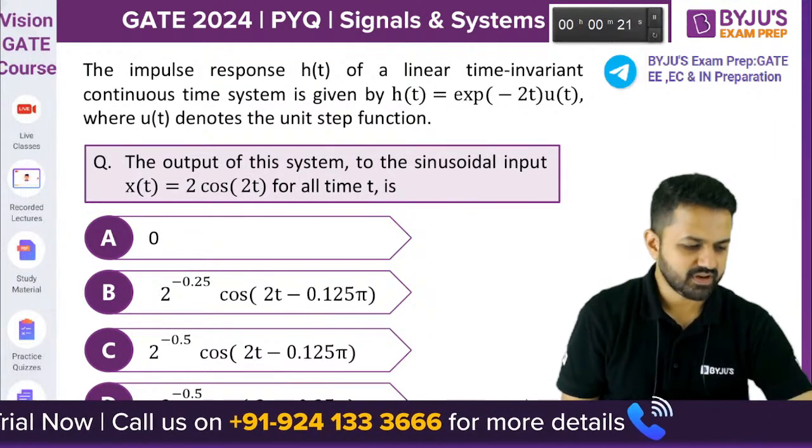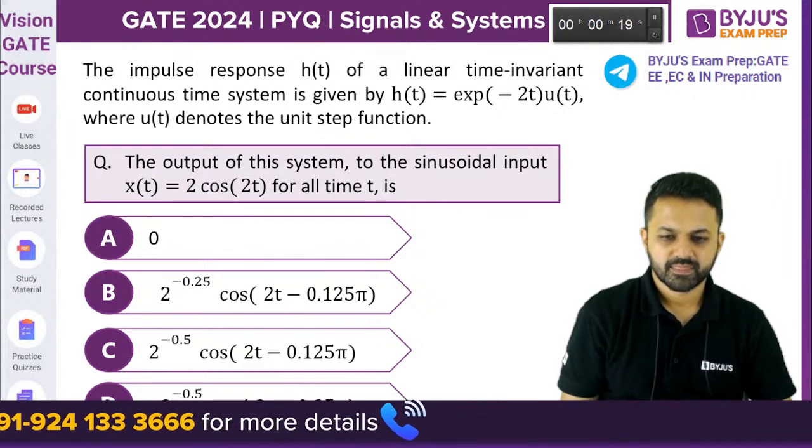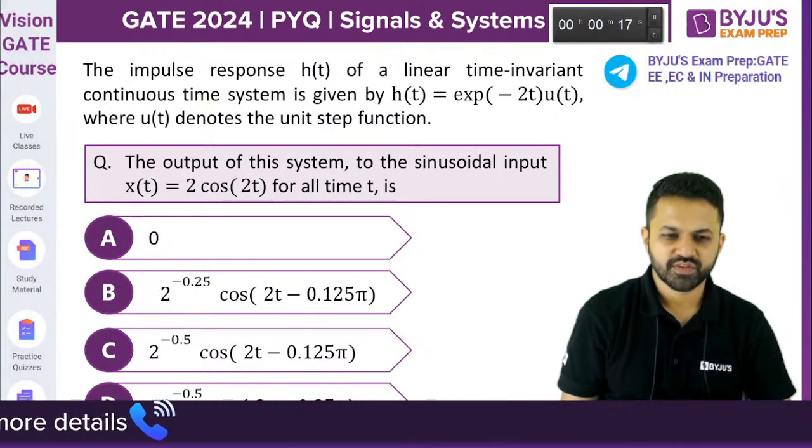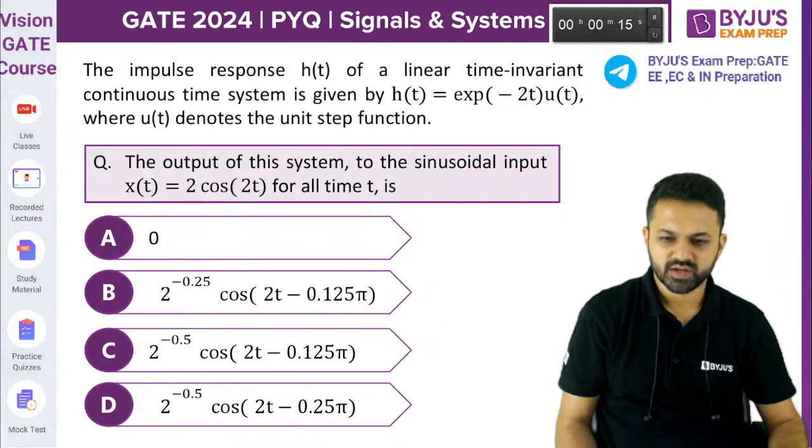D option not visible. Wait, let me remove this. Now I hope that you are able to see the D option also.